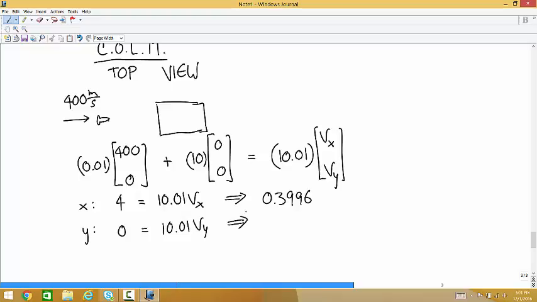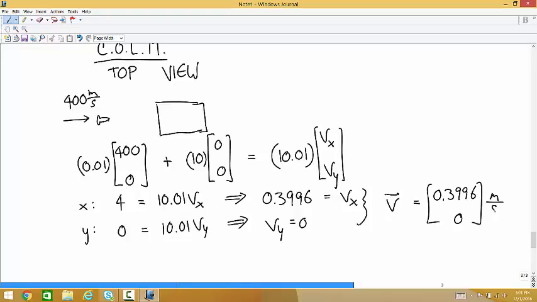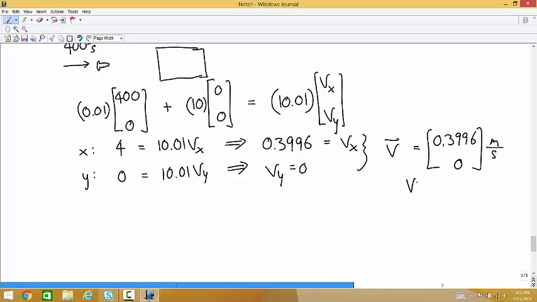And Vy is equal to 0. Okay, so after the collision, V is equal to 0.3996, 0. That's the velocity after the collision.